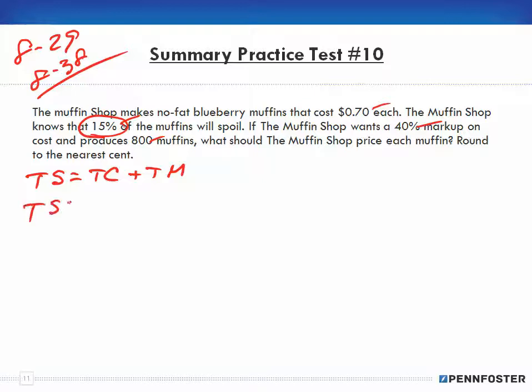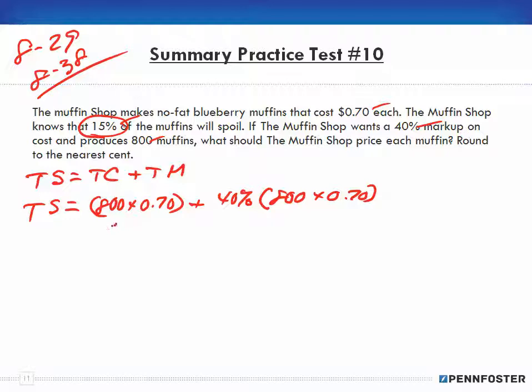So in our total sales, our total cost is 800 times the 70 cents, plus our total markup, which would be 40% of that 800 times 70 cents.